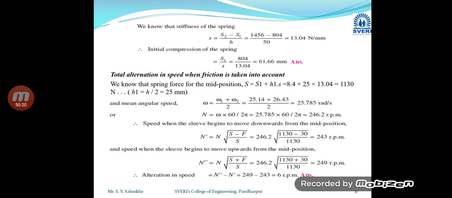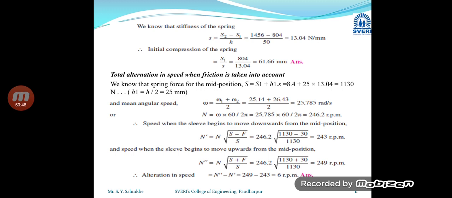The speed when the sleeve begins to move in upward direction. In this case, what will happen? The sleeve is moving in upward direction, hence frictional force is acting in downward direction, whereas spring force is also acting in downward direction. So the addition of these forces will apply. In the previous case the spring force was acting in downward direction and friction force was acting in upward direction, hence it was subtracted from the spring force.